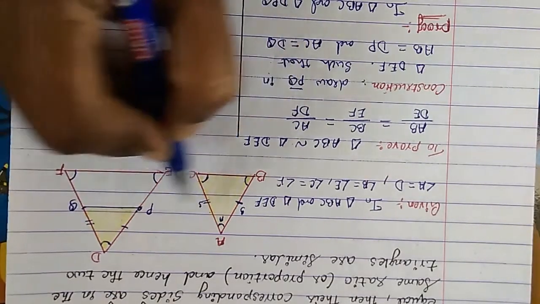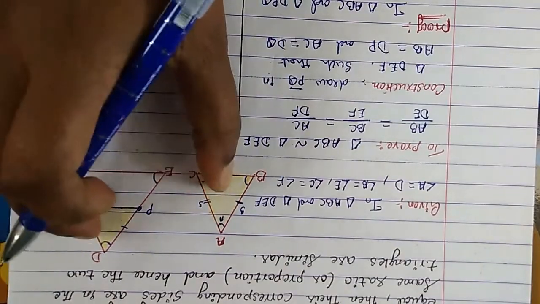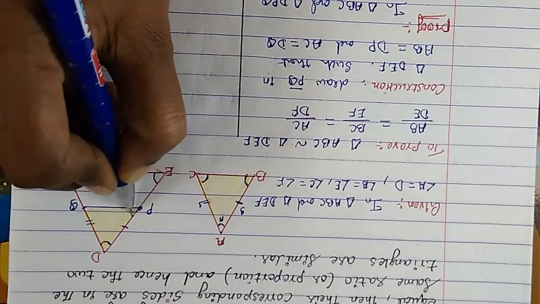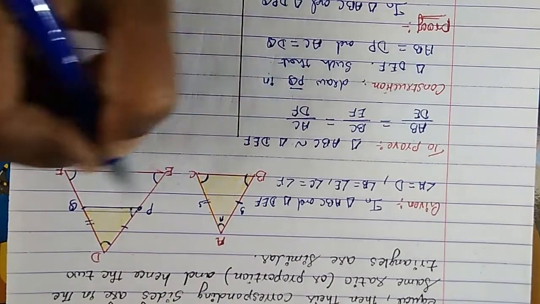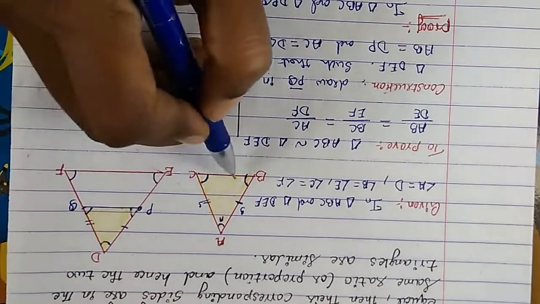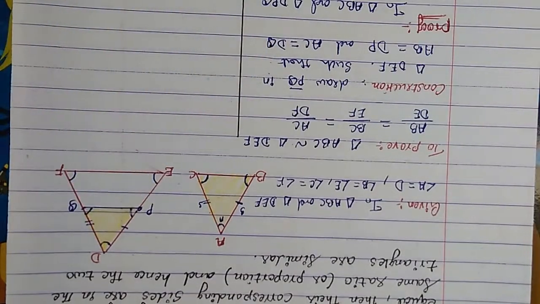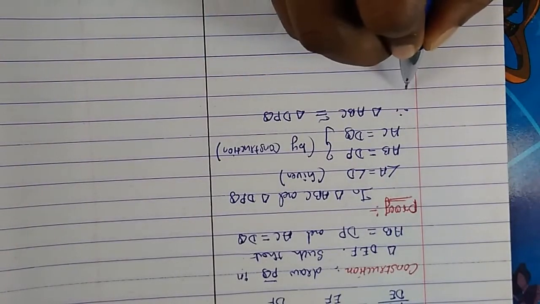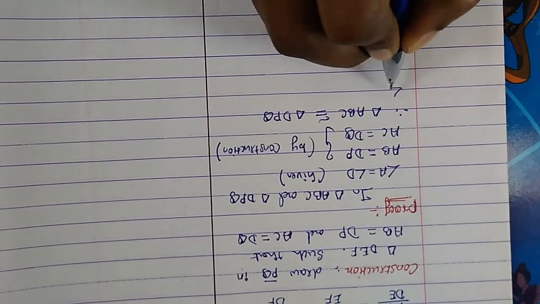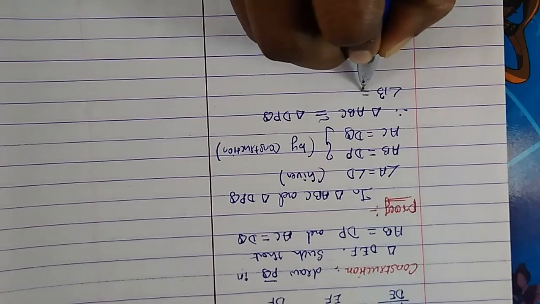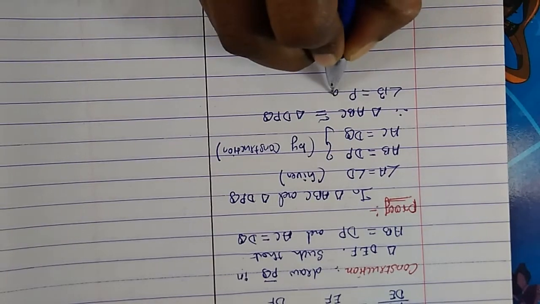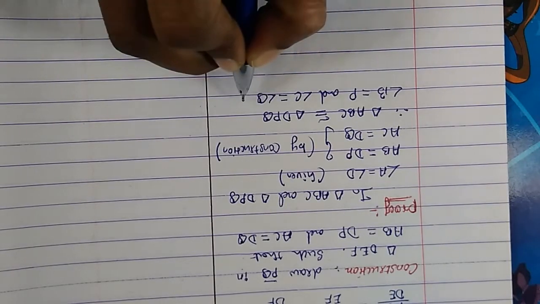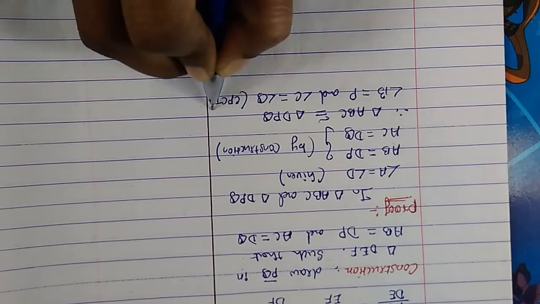If these two triangles are the same, then angle B will be equal to angle P and angle C will be equal to angle Q, by CPCT, corresponding parts of congruent triangles.